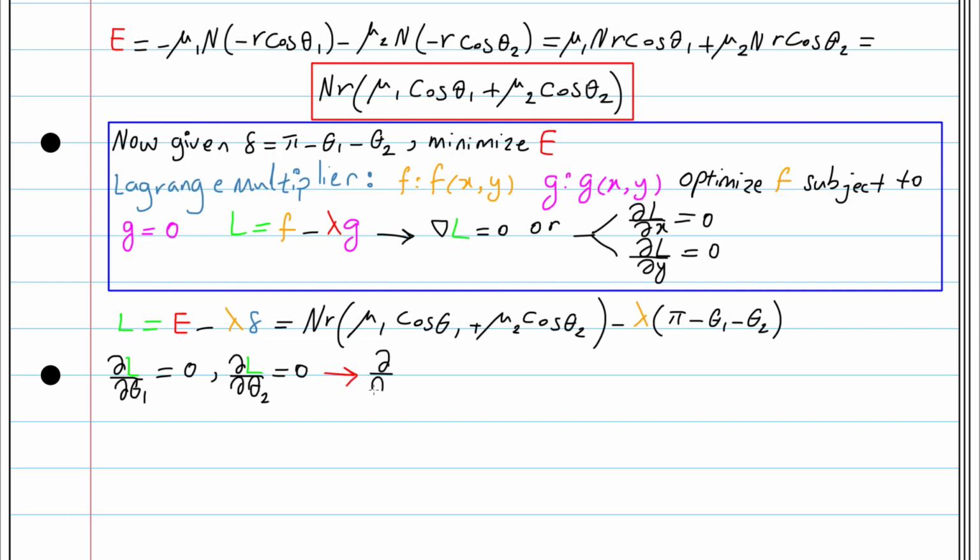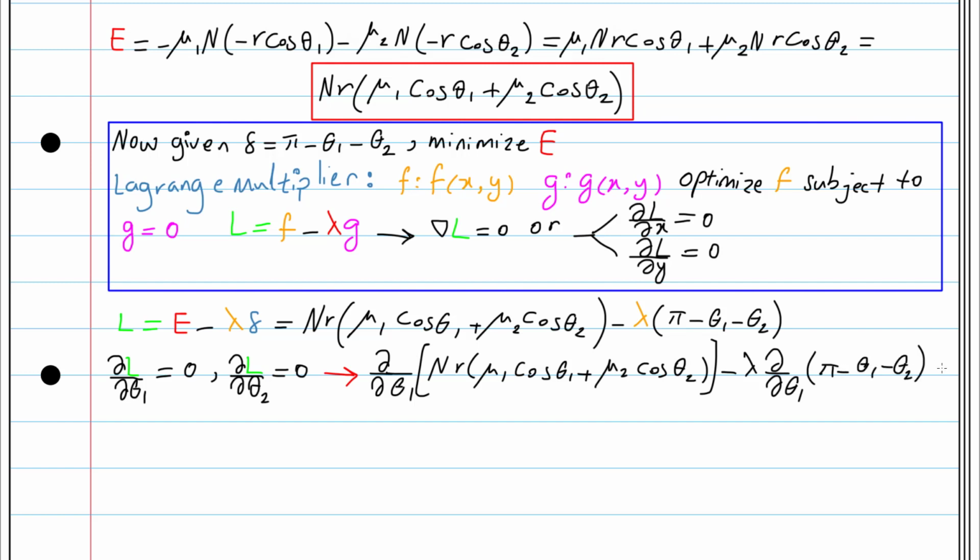We have the partial derivative of n r times mu1 cosine theta 1 plus mu2 cosine theta 2, minus lambda times the partial derivative of pi minus theta 1 minus theta 2 with respect to theta 1, must be 0: minus mu1 n r sine theta 1 plus lambda equals 0. So mu1 sine theta 1 equals lambda over n r.